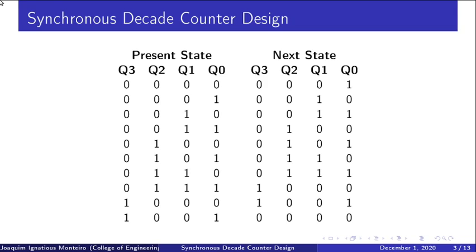Then the remaining 7 marks, say 5 or 6 marks might go for the K-maps, and 2 marks might go for the logic diagram. That will be the split-up. So you need all these things in your paper so that you will get the marks.